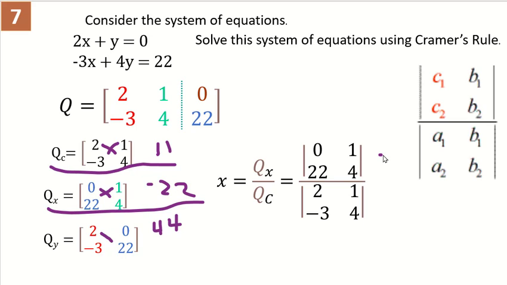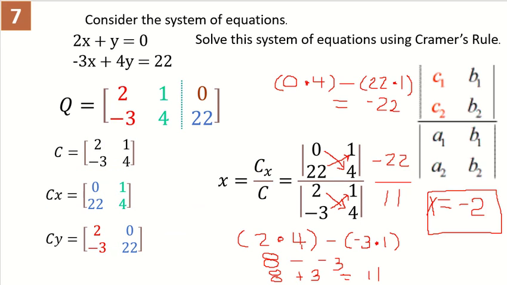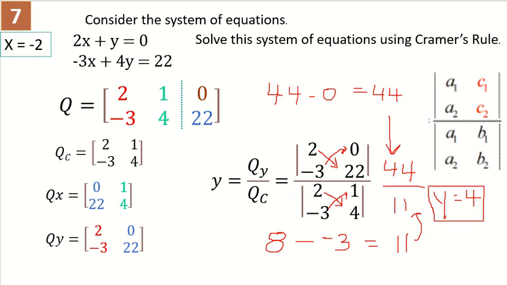So that would be -22 divided by 11, and X is equal to -2. Okay, we do the same thing for Y. So I'm just kind of checking my work. Just going slowly, double checking.